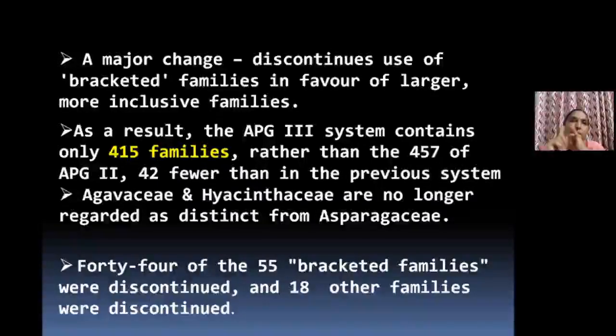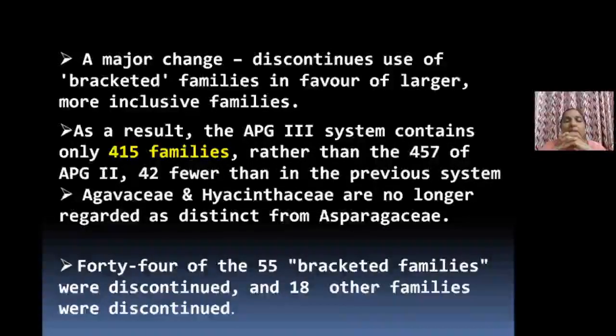So, the number of families is reduced and the use of bracketed families discontinued. And one more very important one is, 44 of the 55 bracketed families were discontinued here. 18 other families were discontinued. That is the important feature here.